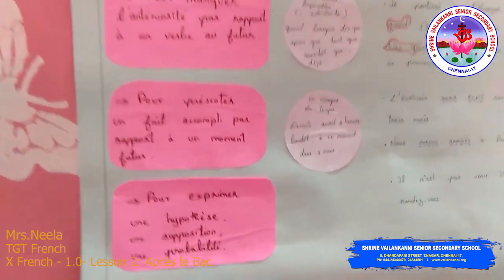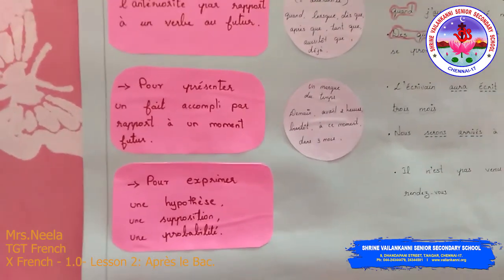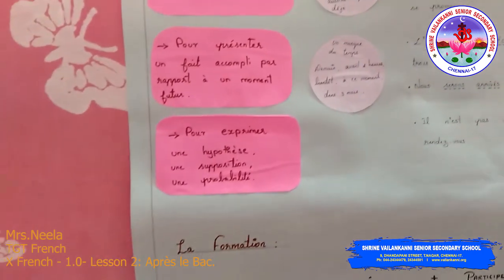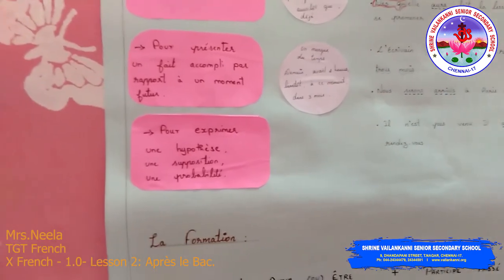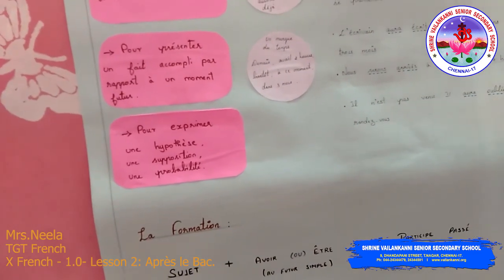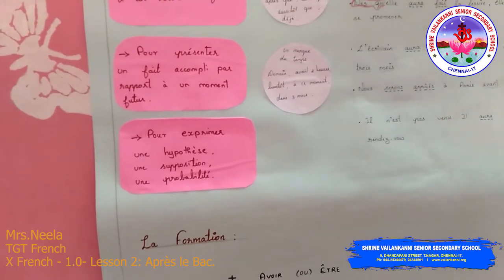The next one: pour présenter un fait accompli par rapport à un moment futur. One action will be accomplished before a set time or a period, a particular period or moment.